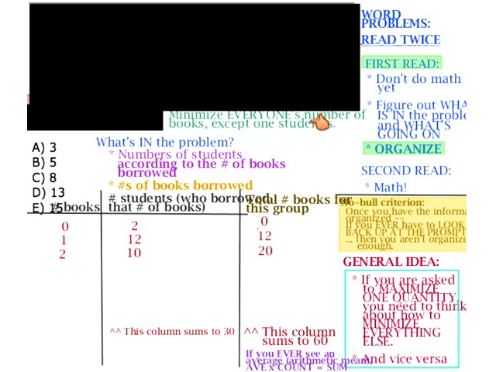So what we're doing now is, we have to minimize everyone else's number of books. So this is 24 students. So how many students are left to think about? Chat box. There are 6 left. And one of those students is hogging books. So that means that we have to minimize the other 5.